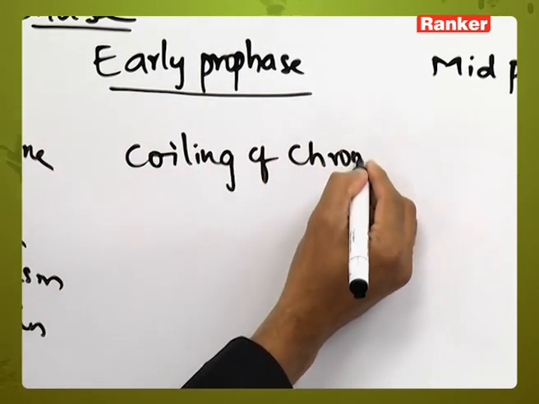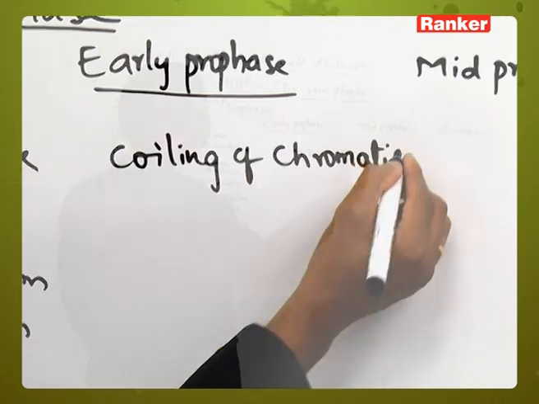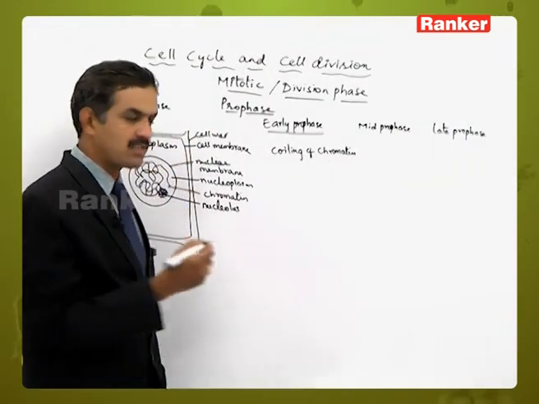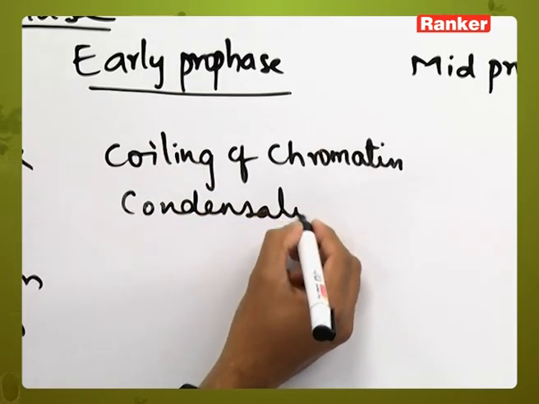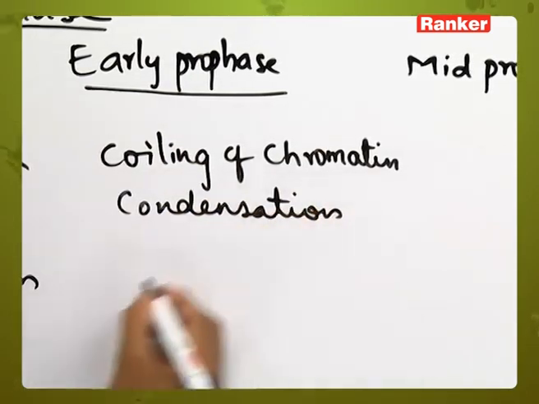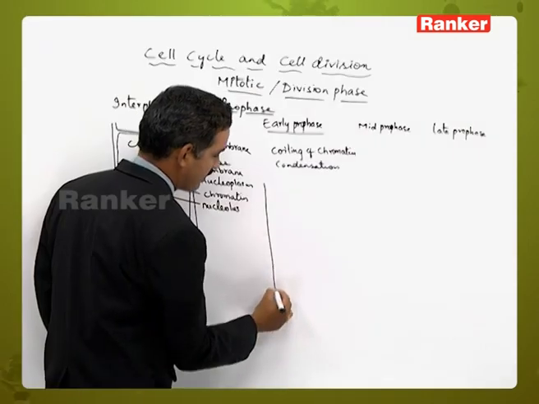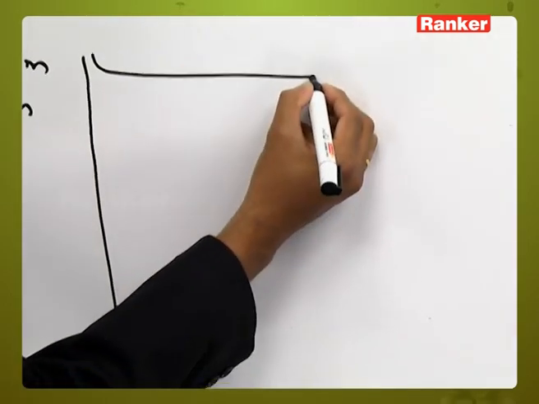Coiling of the chromatin will take place. Due to the coiling of the chromatin, or the condensation process, we can see a change in the structure of the chromatin from that of the interphase stage.